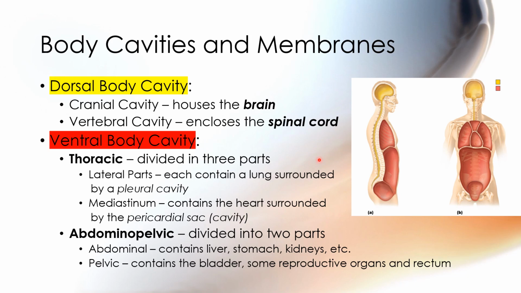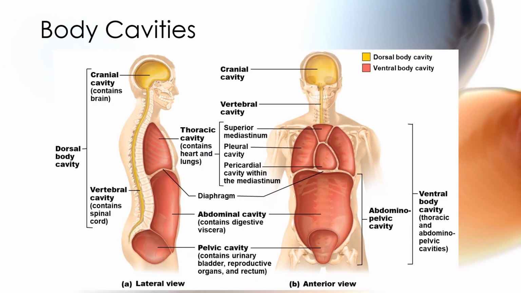So these guys are our body cavities, and lining those cavities are these membranes. So let's talk about that next. So here's just a picture of those body cavities all labeled for you guys. Okay. And they're color coded. So ventral body cavity in red, dorsal body cavity in yellow.